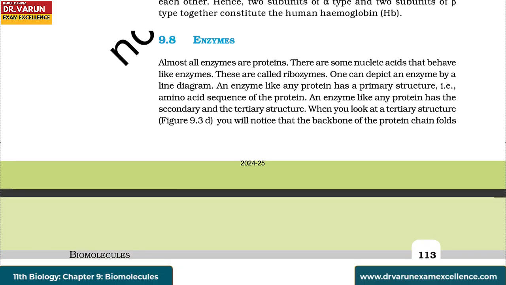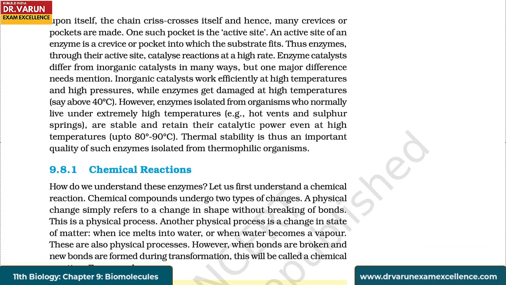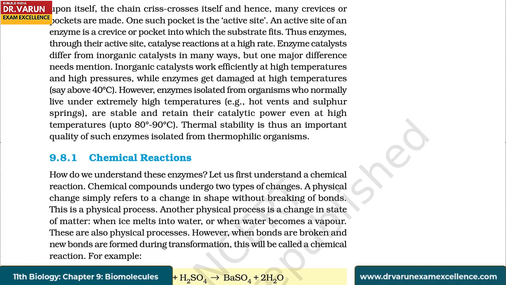When you look at a tertiary structure, you will notice that the backbone of the protein chain folds upon itself. The chain crisscrosses itself and hence many crevices or pockets are made. One such pocket is the active site. An active site of an enzyme is a crevice or pocket into which the substrate fits. Thus, enzymes through their active site catalyze reactions at a higher rate.